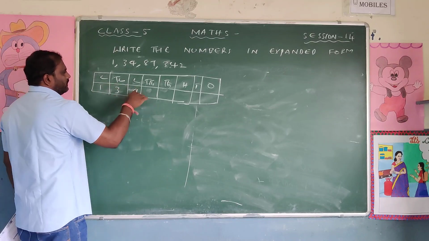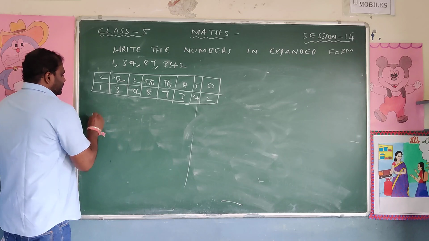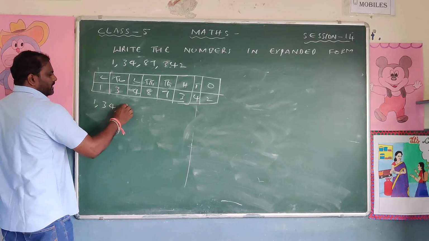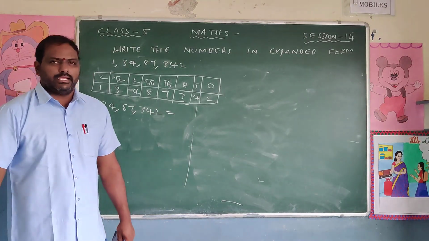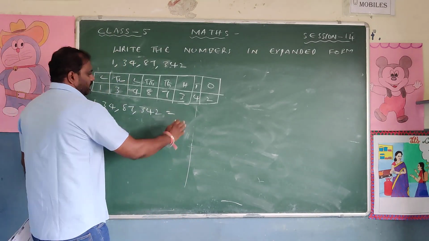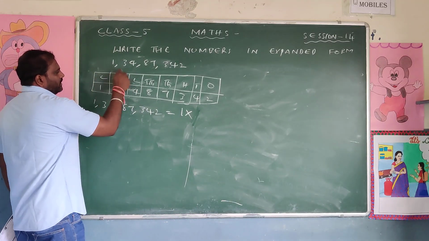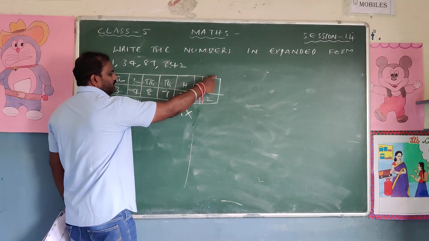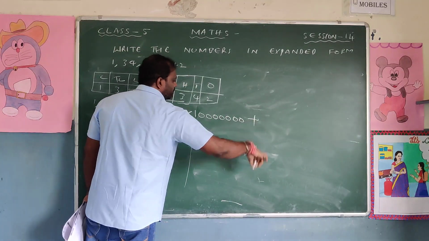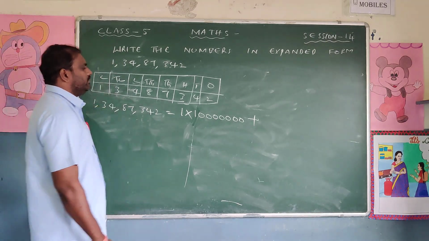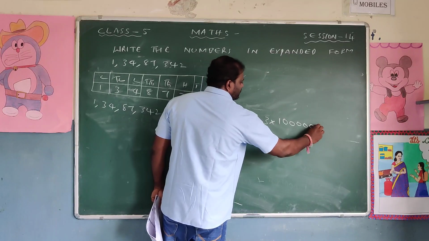So 1, 3, 4, 8, 7, 3, 4, 2. So 1 crore 34 lakhs 87,342 can be written as: 1 into 1 crore. 1 crore means 7 zeros. Plus 3 into 10 lakhs, which has 6 zeros.